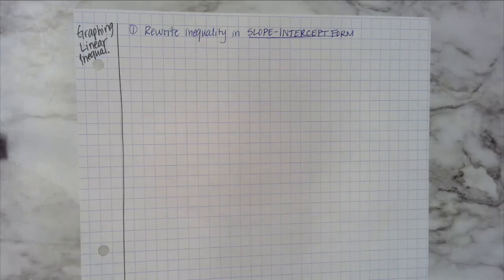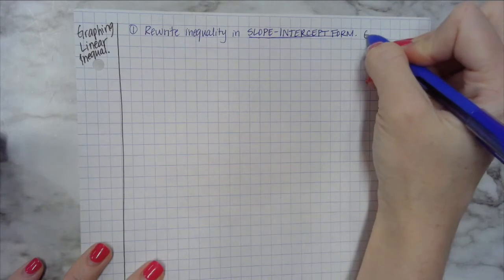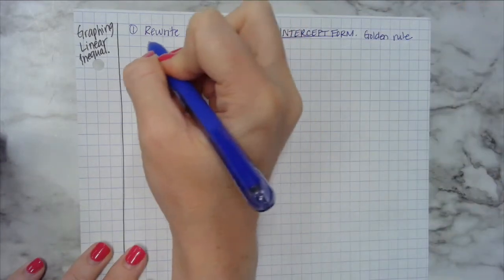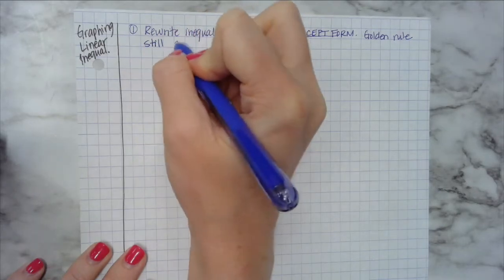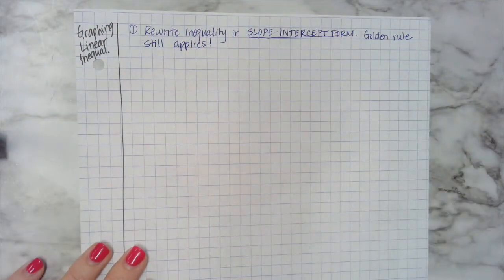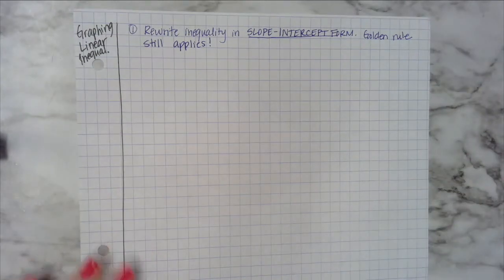When we do that, because this is an inequality, we have to remember the golden rule. So the golden rule still applies. What is the golden rule of inequalities? Anytime we multiply or divide by a negative, we have to flip the inequality symbol.